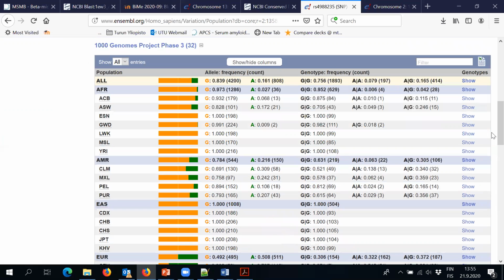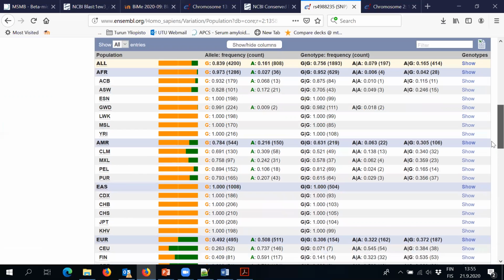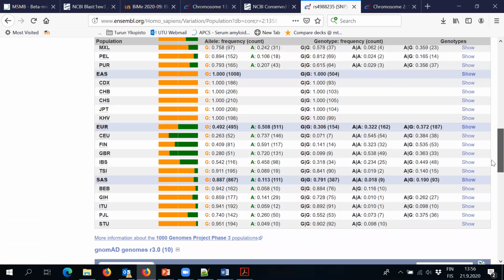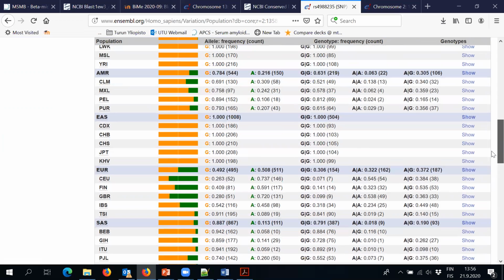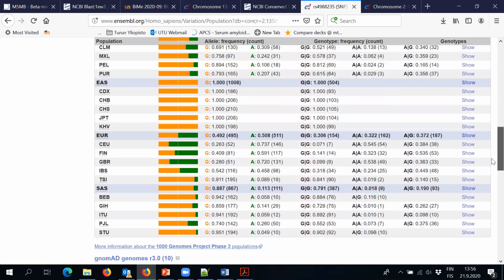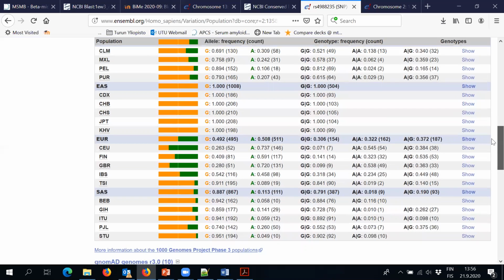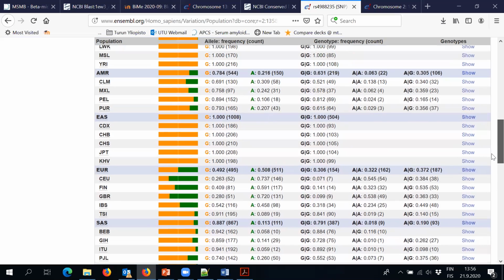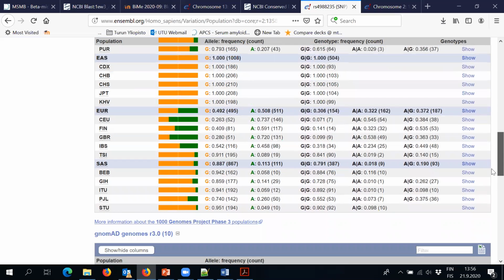You can see the frequency of each allele in populations. In European populations, we have a lot of the alternate allele, which is the one leading to lactase persistence, whereas in East Asian populations it's basically zero, and it's mixed in many populations.